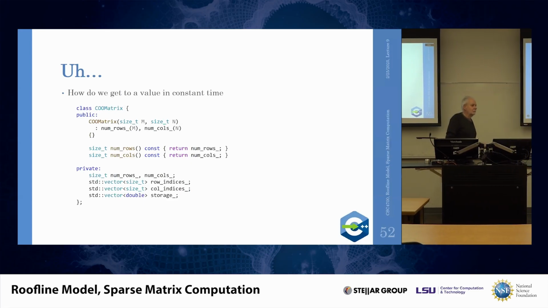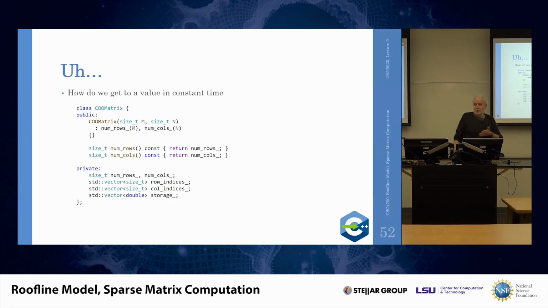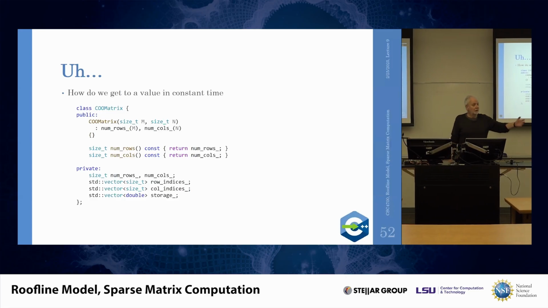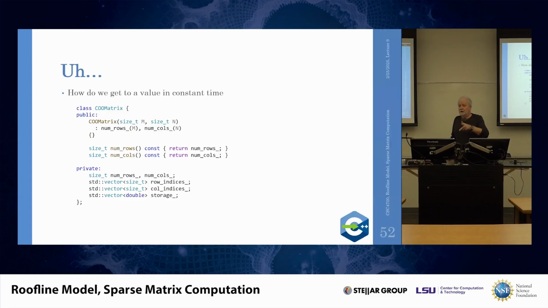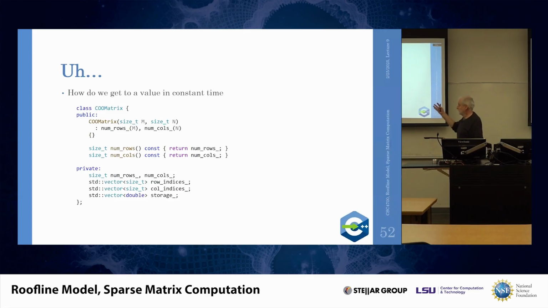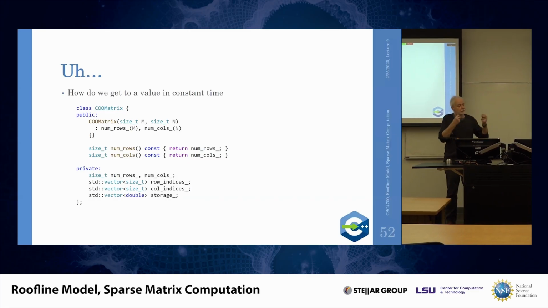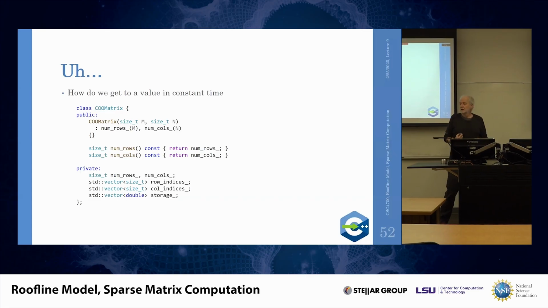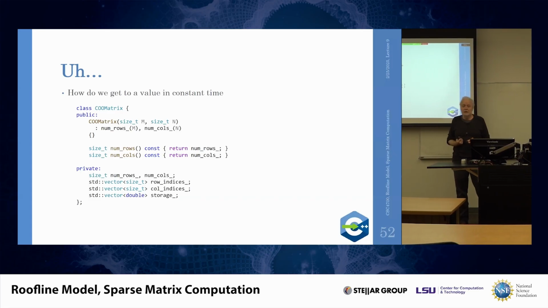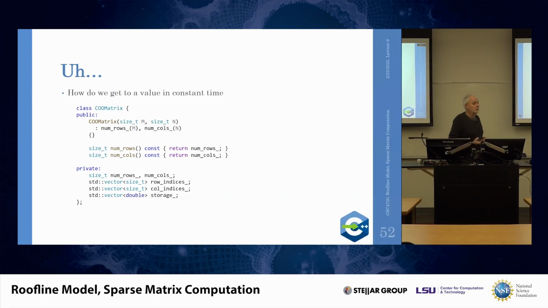Well, we can't, because there's no way. We would have to scan through the whole array until we find the pair of i and j, and then we know which value we're interested in. So the access time for such an operator, that we give indices and that gives us a reference to the value we're interested in, would be linear.